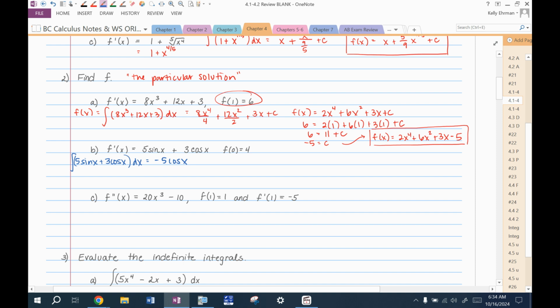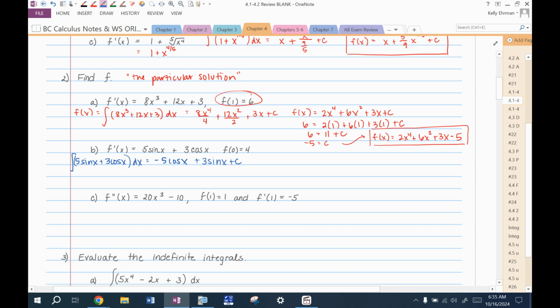If the answer to the integral starts with a c, you're going to get a negative. Or I just usually in my head go back and say, okay, wait, the derivative of negative cosine is positive sine. So I do a quick check mentally. The integral of 3 cosine x is plus 3 sine x plus c. So that's my f of x equation.